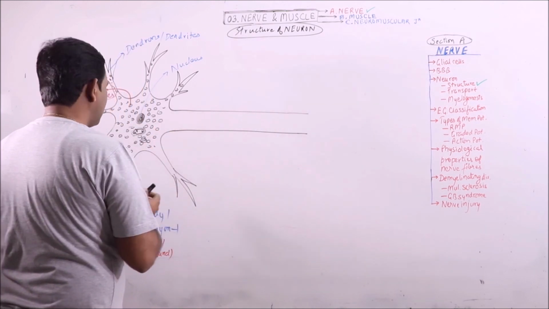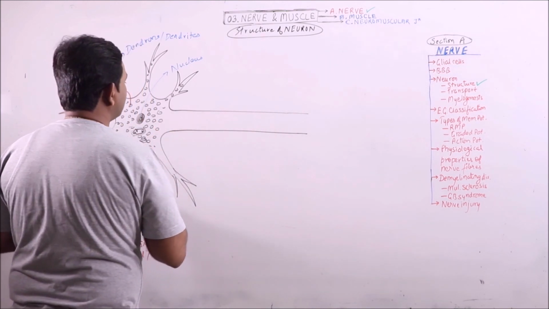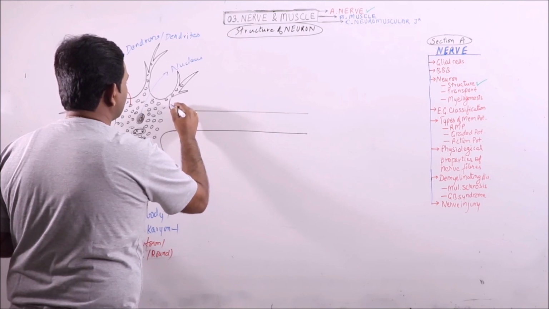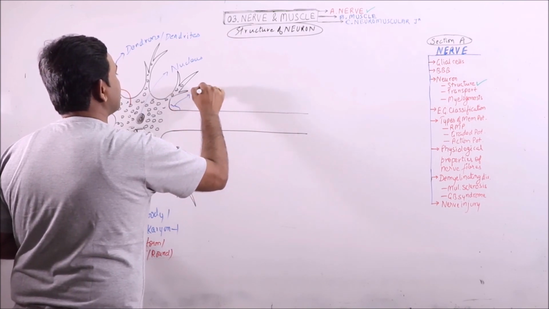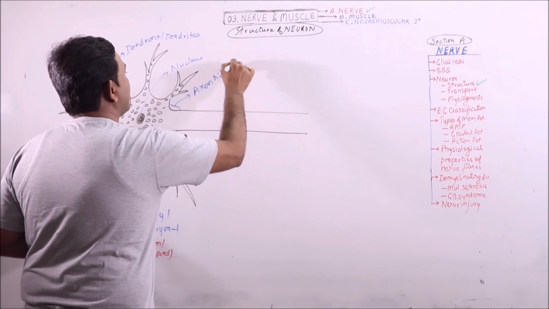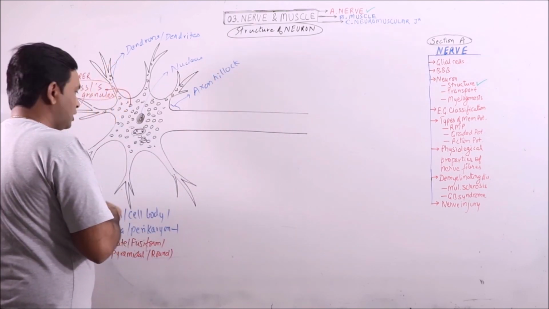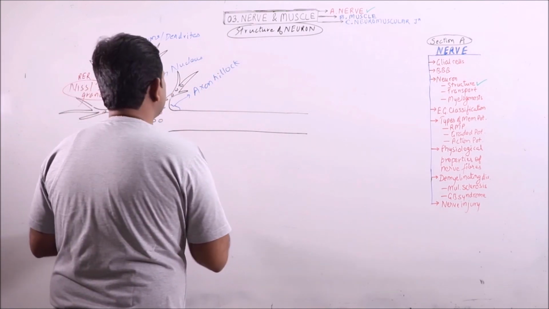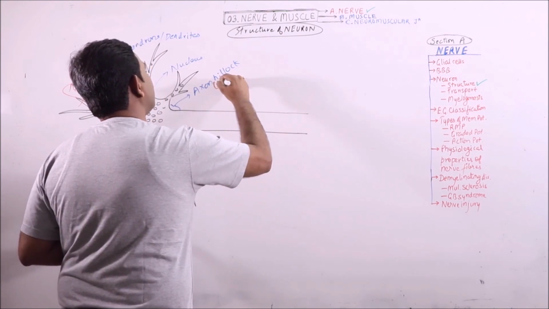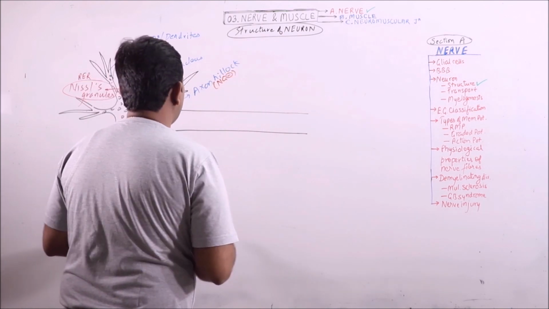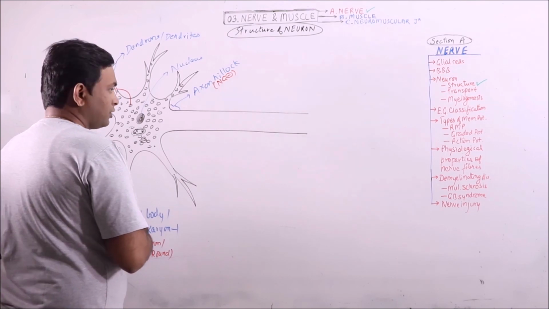This part of cyton which becomes narrow and continue as axon is axon hillock. Axon hillock lacks the Nissl's granules.